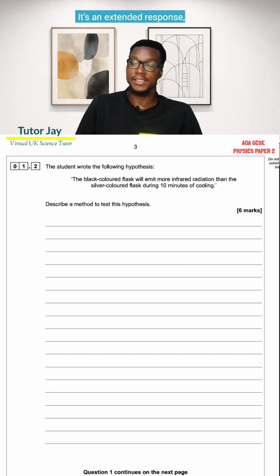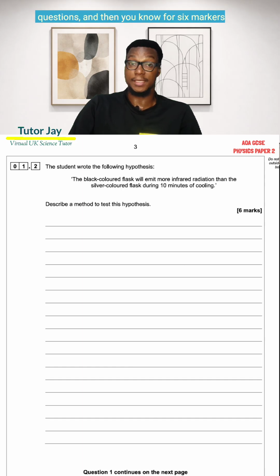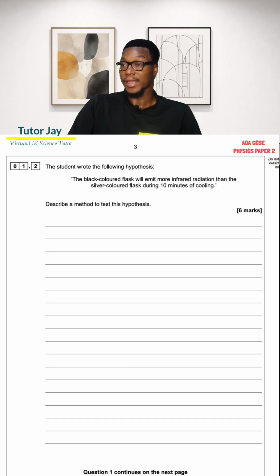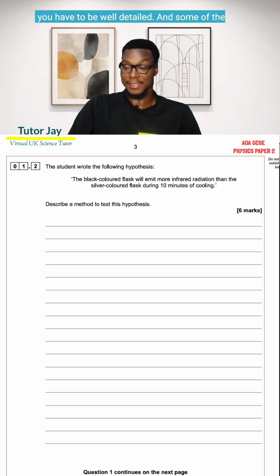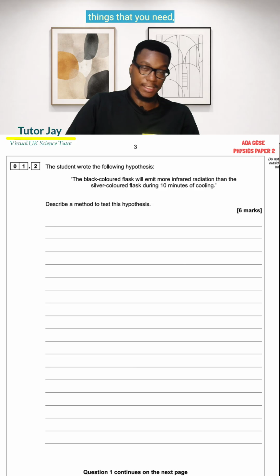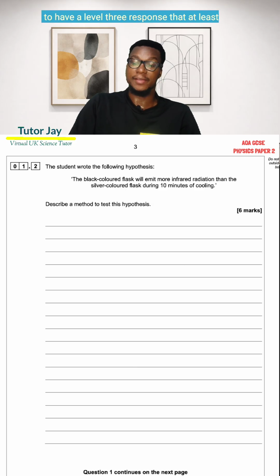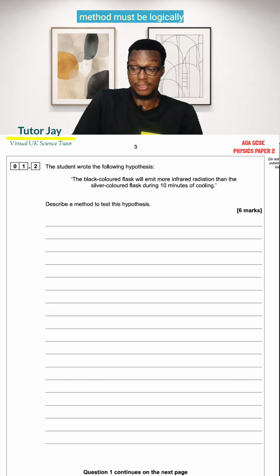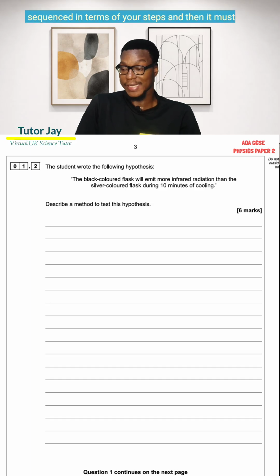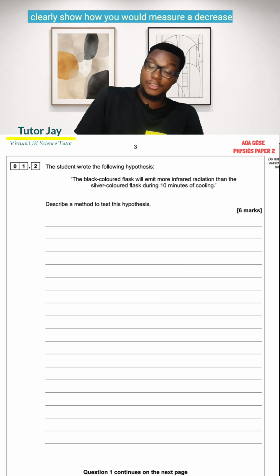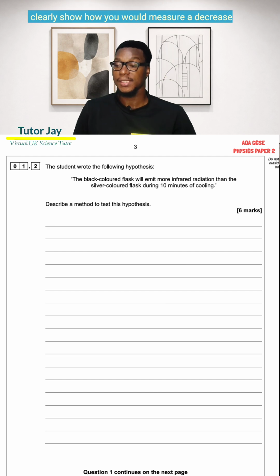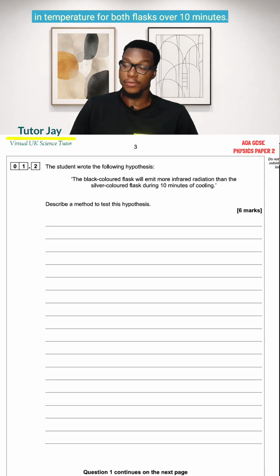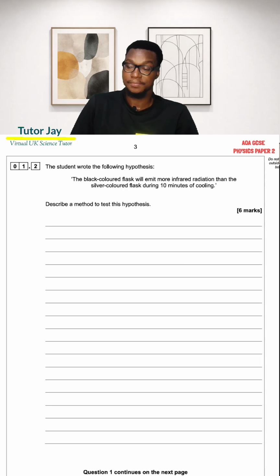This is an extended response, required practical question, a 6-mark question, and for your 6 markers they have to be well detailed. To get a level 3 response, that's between 5 marks and 6 marks, your method must be logically sequenced in terms of your steps, and it must clearly show how you would measure a decrease in temperature for both flasks over 10 minutes.